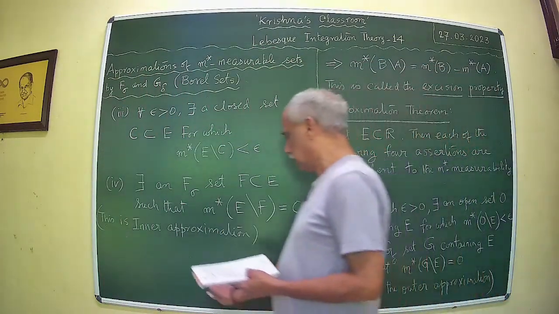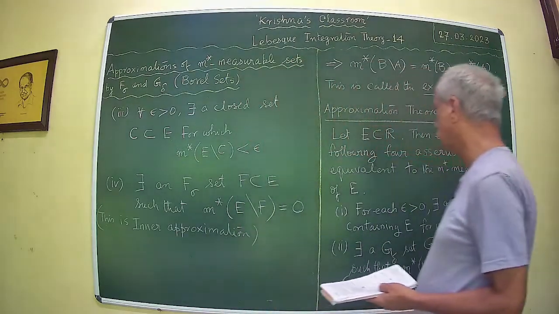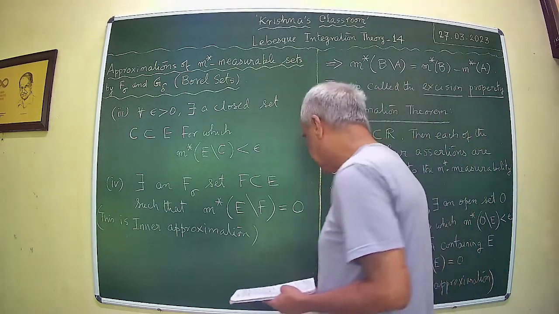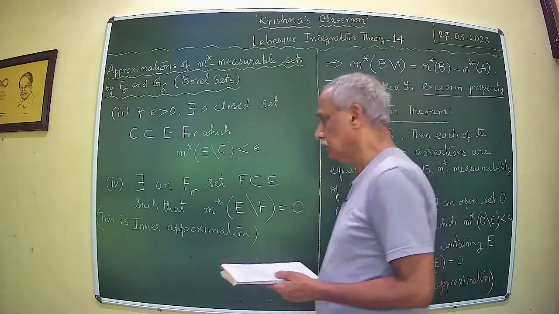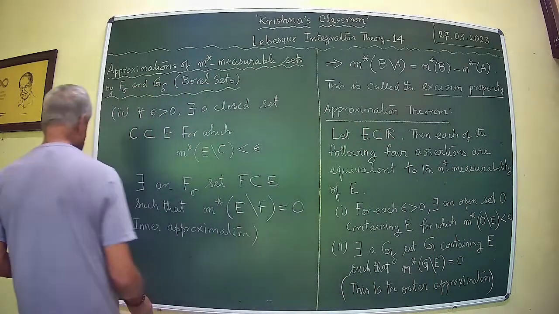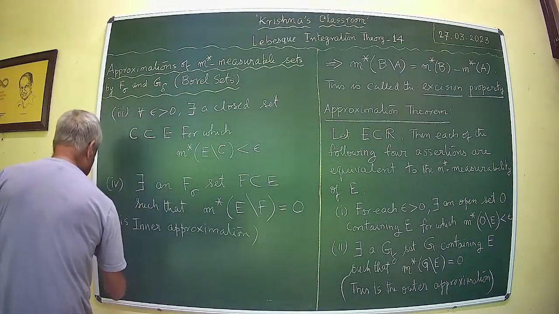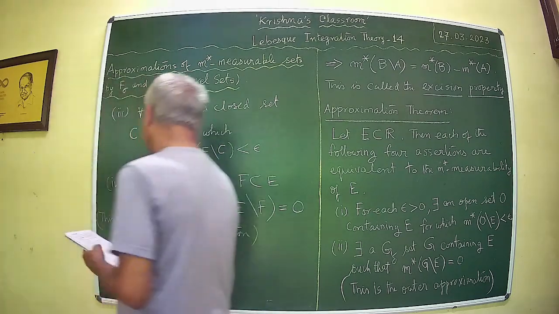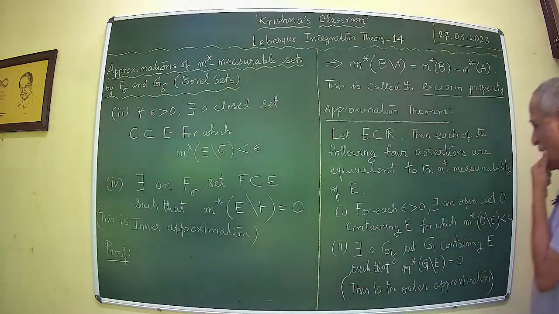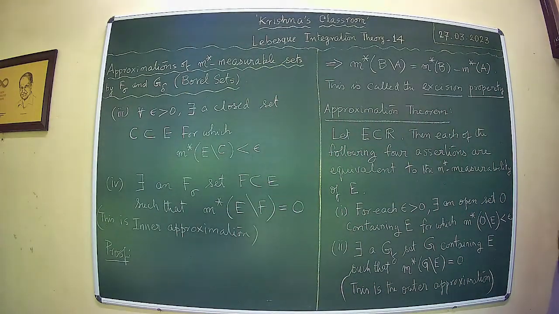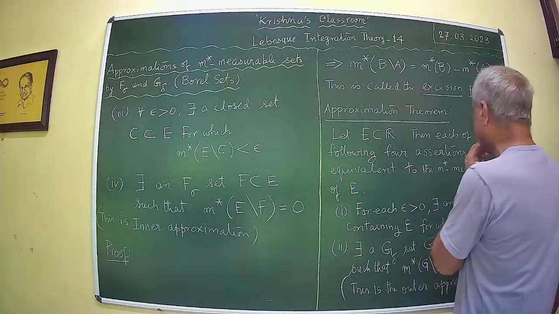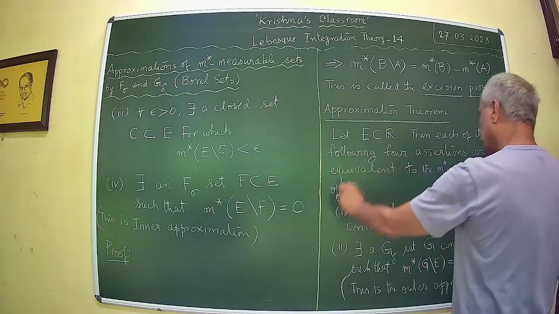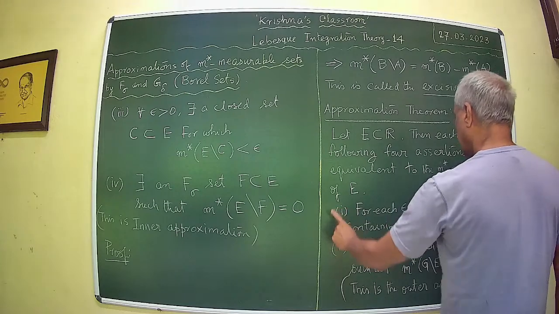So let me use a Venn diagram, because on R it is difficult to draw pictures. Therefore, we do one thing. We prove the equivalence of the measurability of E with the statements 1 and 2.